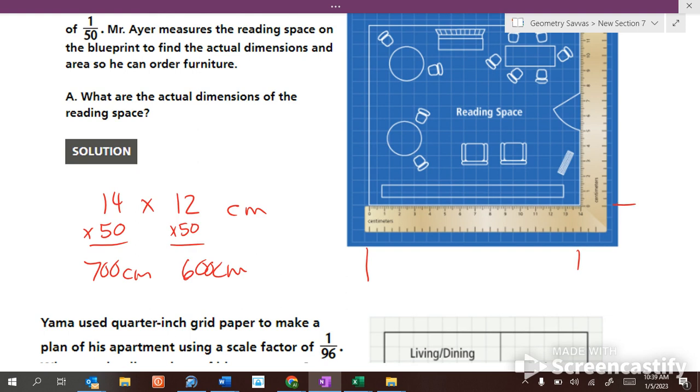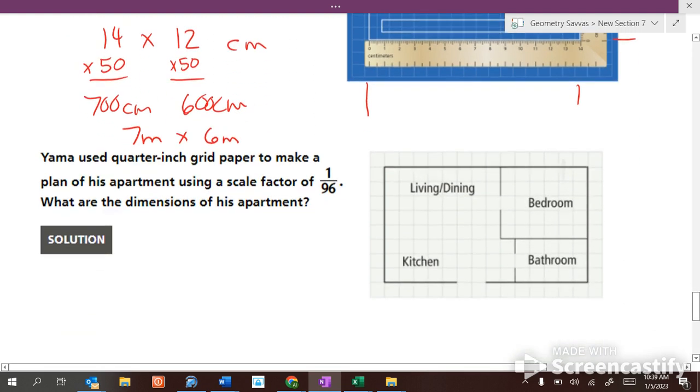How many meters is 700 centimeters? 7 meters. And how many meters is 600 centimeters? 6 meters. A meter is about the same as what in English terms? A yard. A yard and a meter are about the same. So this is like 7 yards by 6 yards, or there's 3 feet in a yard, 21 feet by 18 feet. Decent size. Okay.